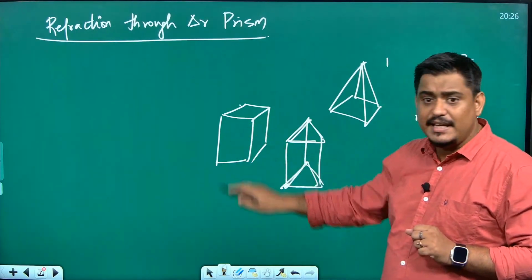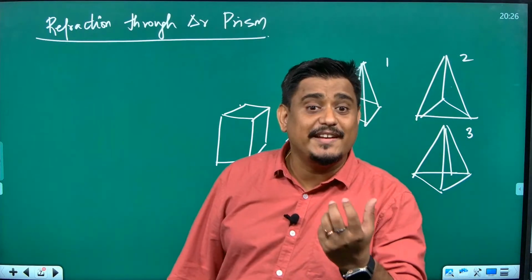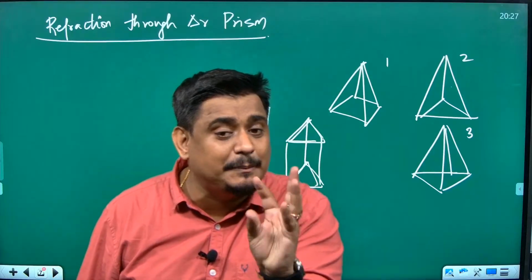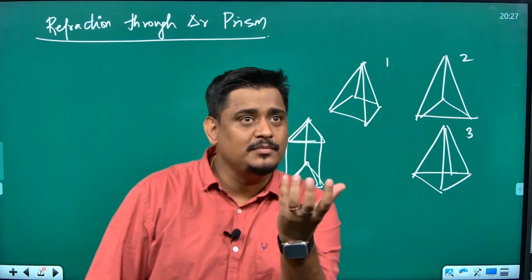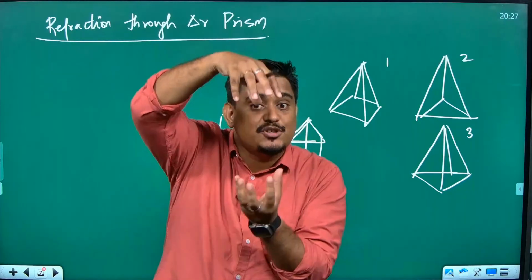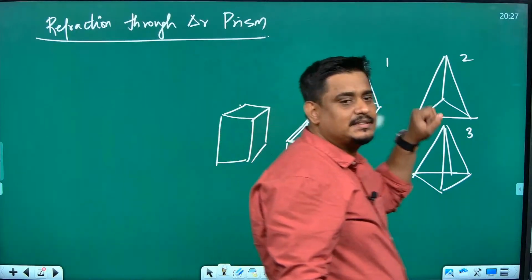Square prism. Even a cube is a prism. Even a cylinder is a circular based prism. Are you getting my point? If bottom and top have the same shape, it is called a prism. All these are pyramids.